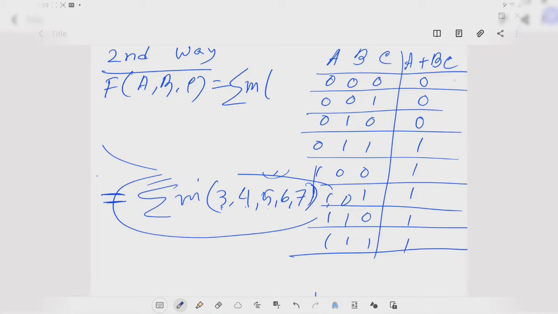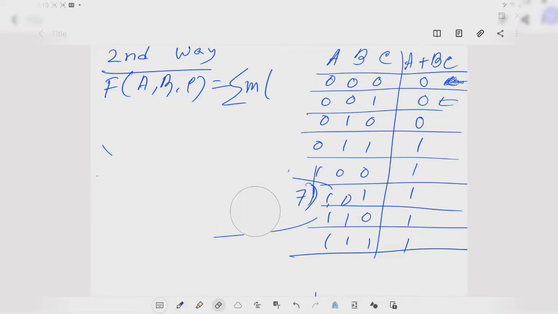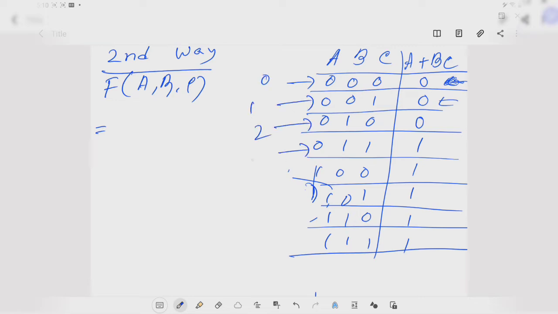In the first row we don't have, second row also not. The row number 0, row number 1, row number 2, row number 3, row number 4, row number 5, row number 6, row number 7.